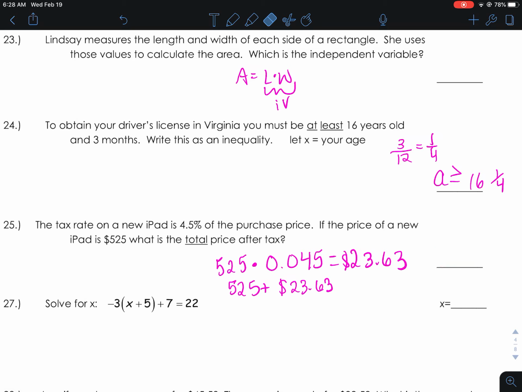So that would be 23.63 plus 525. I could just do this in my head, which would be 558. There we go. $548.63. There we go, for the total purchase.